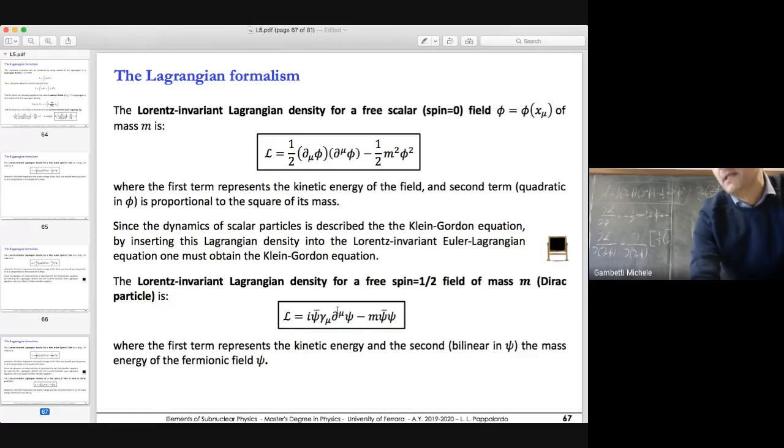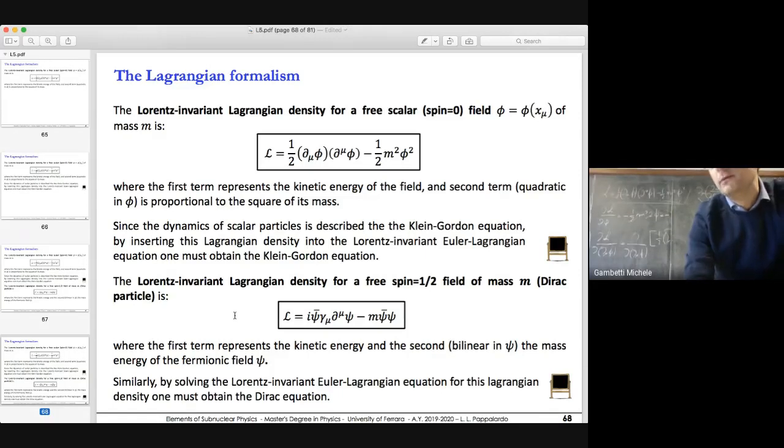There is no interaction potential because we are working in the simple case of free, non-interacting particles. And so again, we expect that if we now put the Lagrangian density into the Euler-Lagrange equation, we would obtain, of course, the Dirac equation. Let's show this.